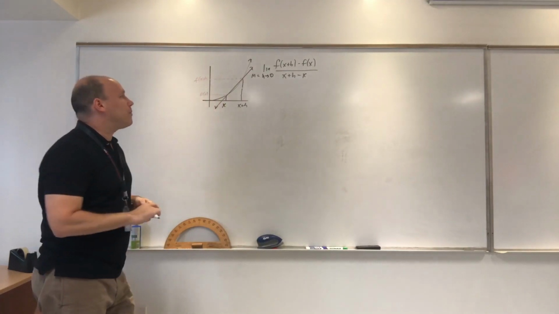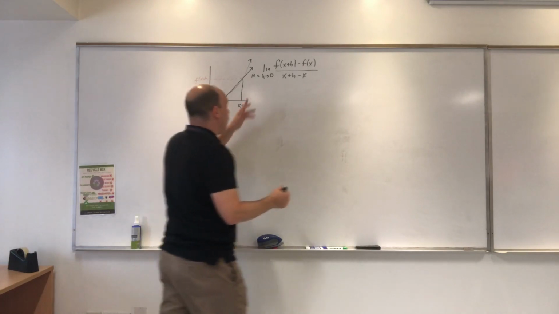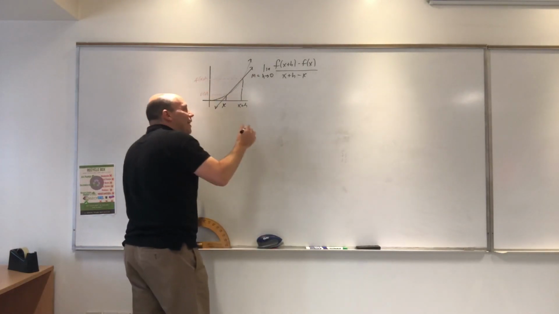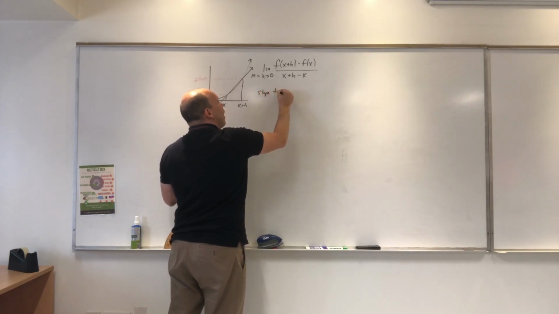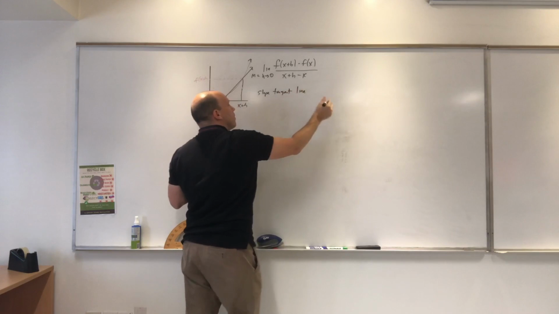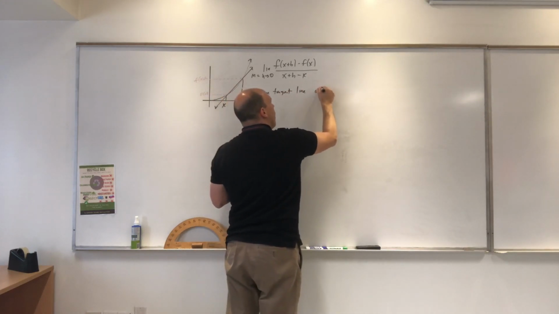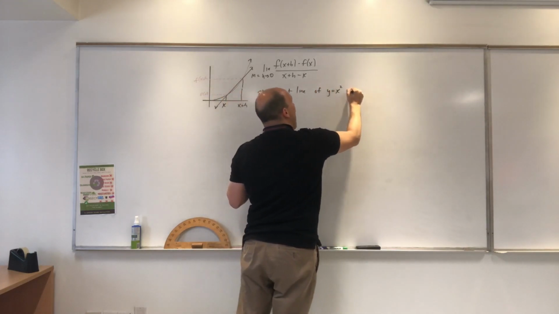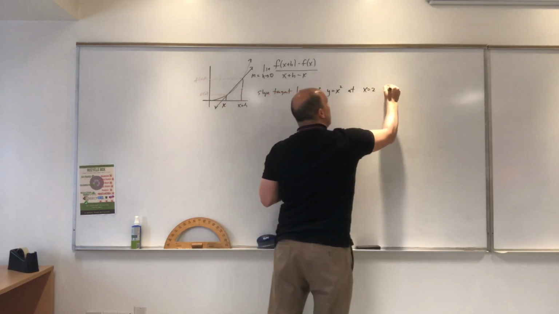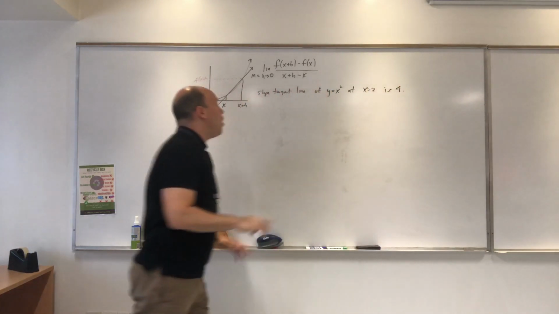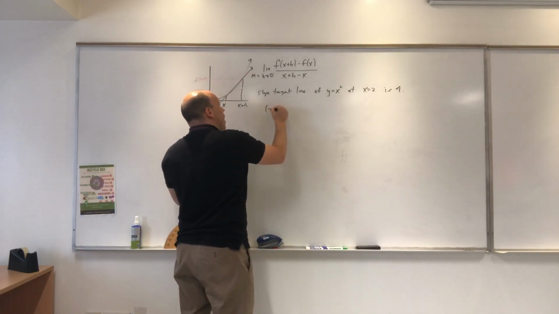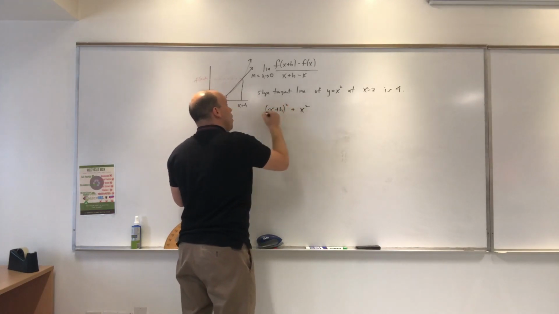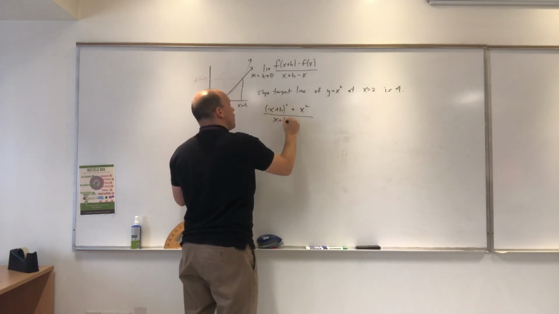Well, what does that mean? Let's follow through on our original function. We claim that the slope of the tangent line of y equals x squared at x equals 2 is 4. Let's figure that out. So the slope of the tangent line: we're going to say x plus h squared minus x squared over x plus h minus x.